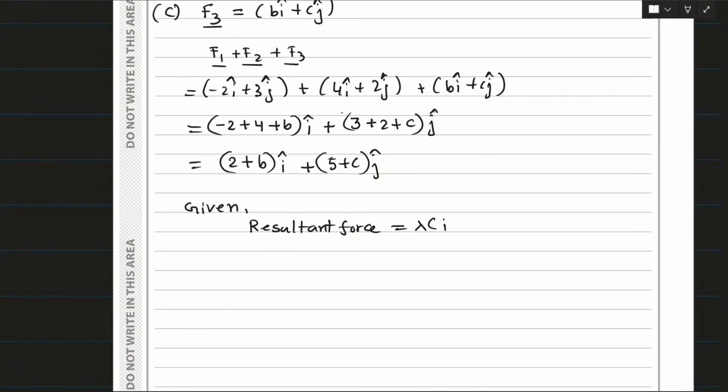So if we expand this, we see that the coefficient of i and the coefficient of j are equal. It is given in the question that the resultant force will be in this format, and in this format we see that the coefficient of i and the coefficient of j are equal. So what this shows us is that the coefficients of i and j here will also be equal. So 2 plus b will be equal to 5 plus c.